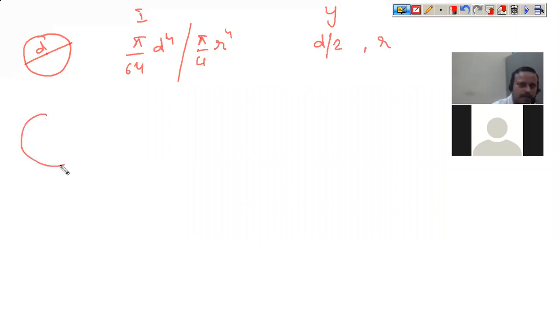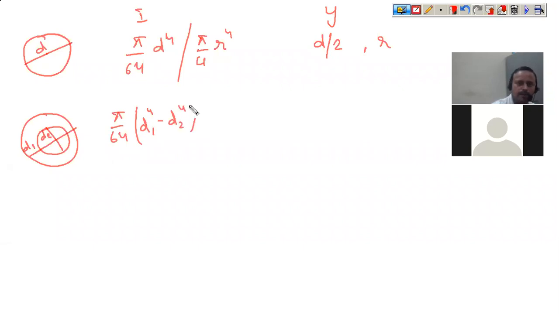So if this is a hollow section and this is d1 and this is d2, then I is pi by 64 into d1 to the power 4 minus d2 to the power 4.